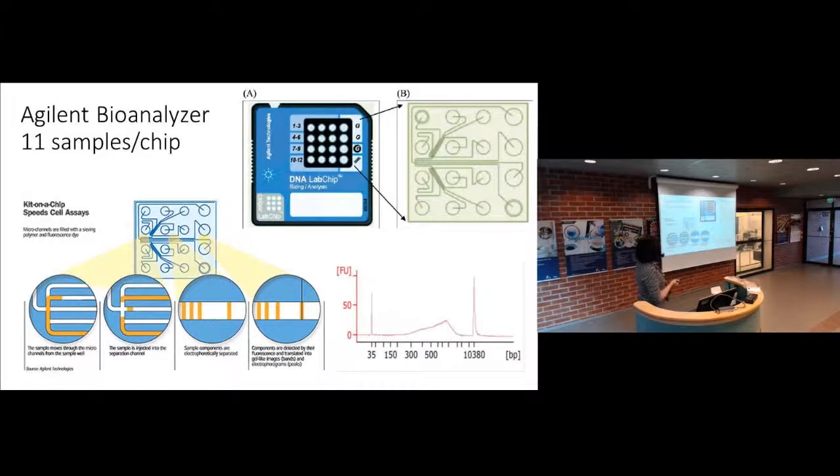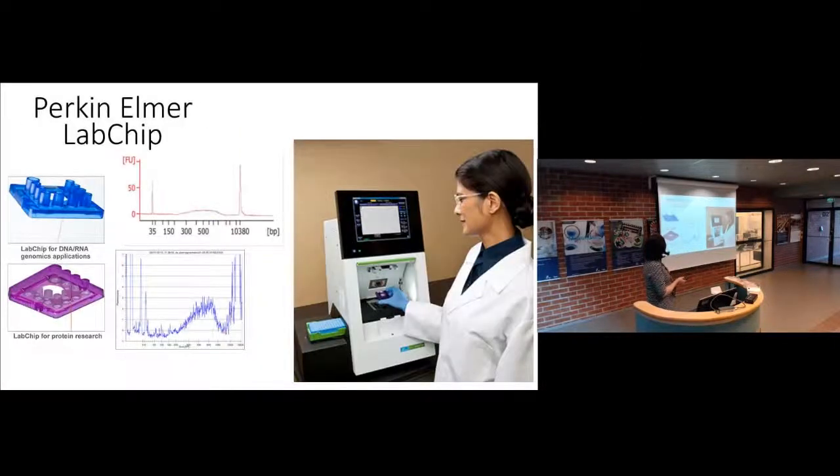There are several by Agilent, where you can run 11 samples in the chip, and in these tiny capillary structures in the chip the gel electrophoresis takes place, and then you can see and quantify your PCR product very easily. In our lab we have the Perkin Elmer solution, LabChip, which is capillary.